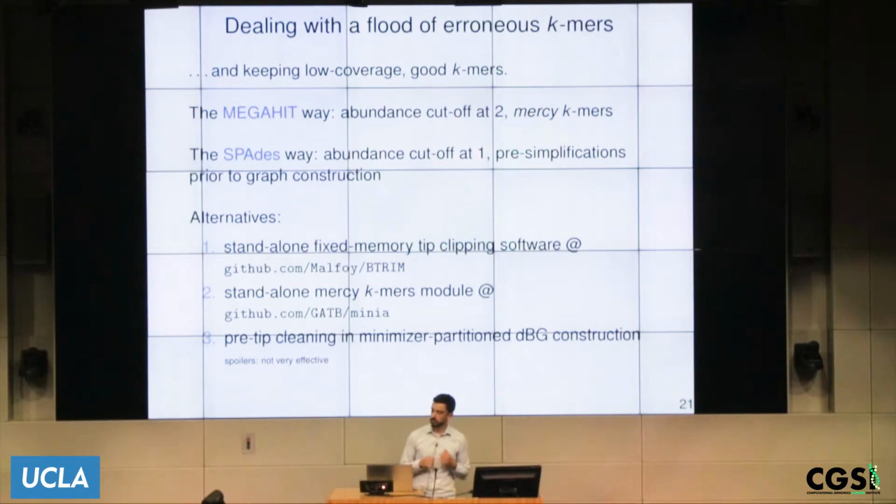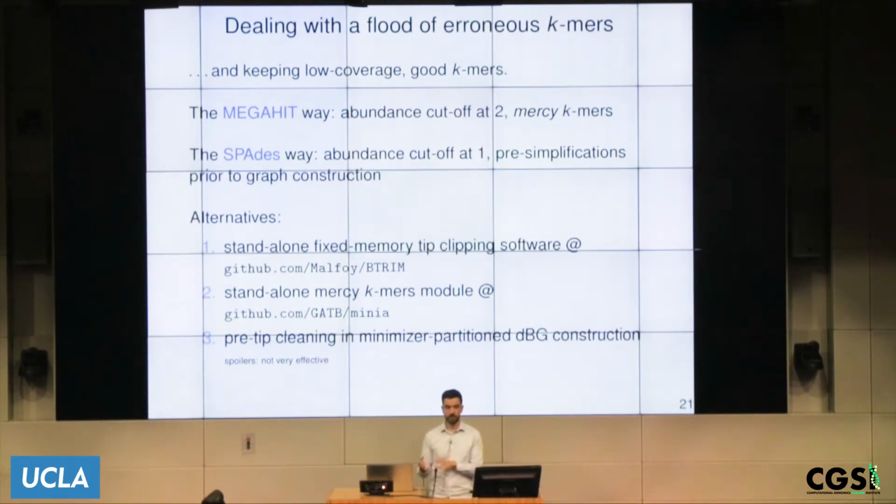One more interesting thing is how to deal with a flood of erroneous K-mers. In your sequencing data, many k-mers correspond to genomes, but many k-mers have errors in them. In the de Bruijn graph framework, k-mers which have errors, you don't want to deal with them. They typically are thrown away in the graph simplification procedure.